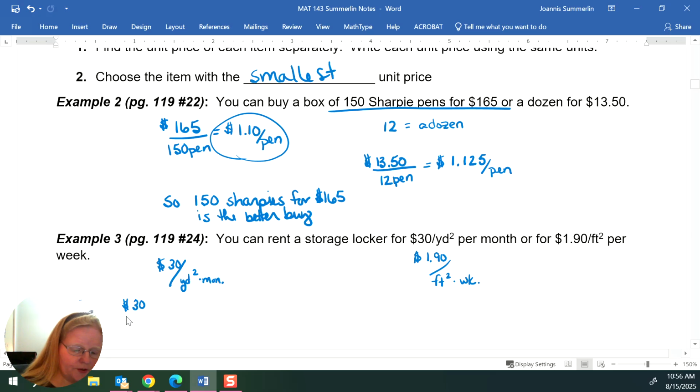So I started out with the $30 per yard squared per month. We know that a yard has 3 feet. So 1 yard is 3 feet. But I need 2 of them so I can get my feet squared and get rid of my yard squared.